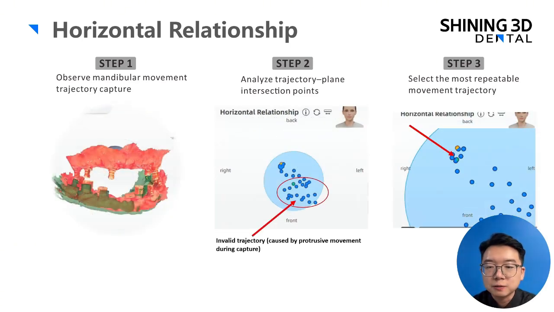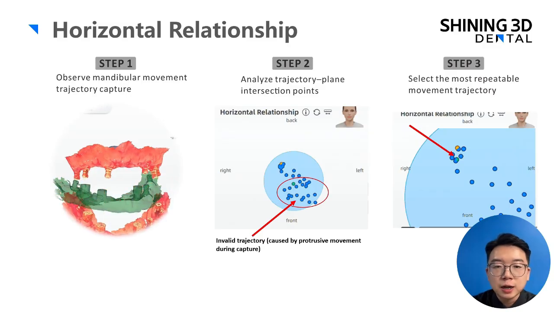As we talked about, if the patient has an unhealthy movement of the mandible, you can tell by the trajectories that we collected. In the case we showed on this page, the patient was prompted to move the mandible towards the front left side.